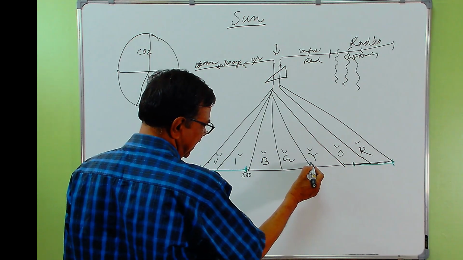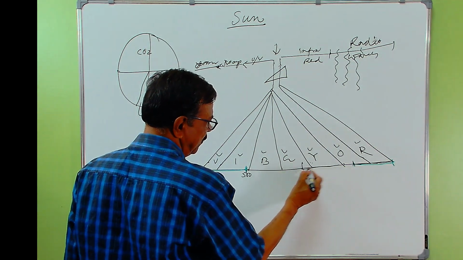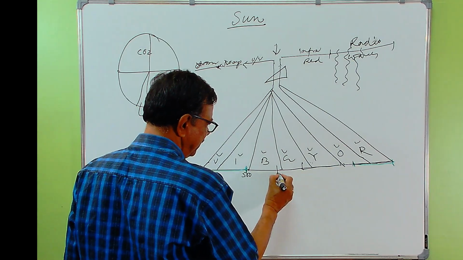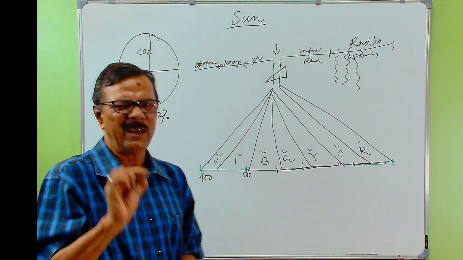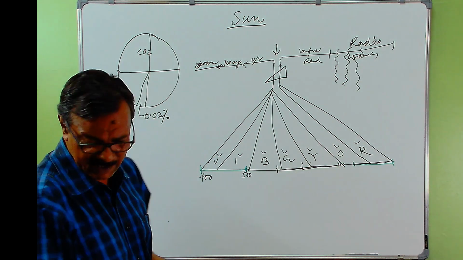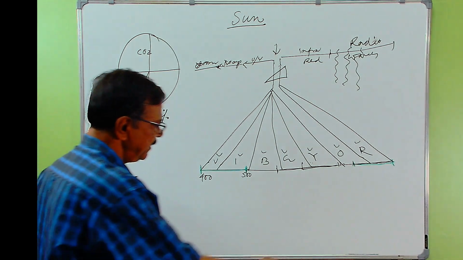But in yellow and green, especially, the photosynthesis does not take place, or it takes place only a little. How it has been, you can observe.